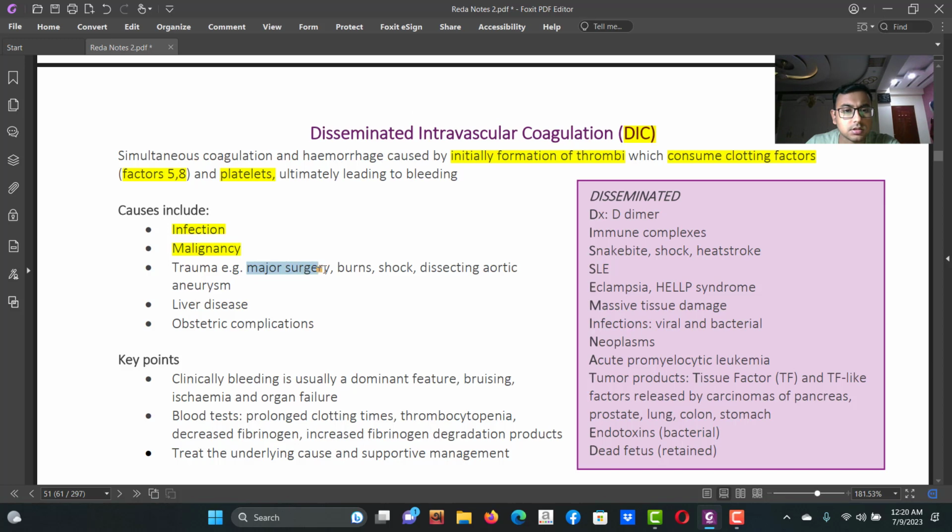Then trauma, that is major surgery, burn, shock and dissecting aortic aneurysm. Dissecting aortic aneurysm is very prone in patients with Marfan syndrome, the Marfanoid disease.